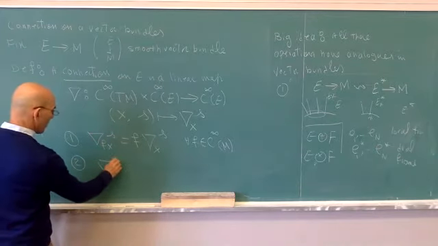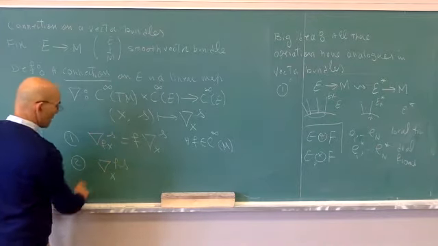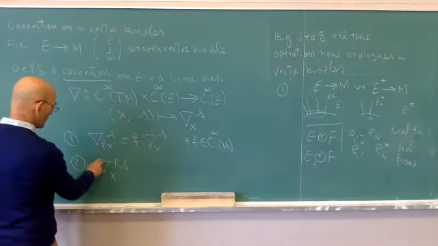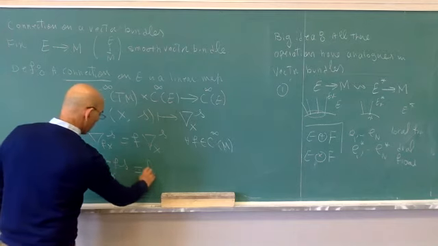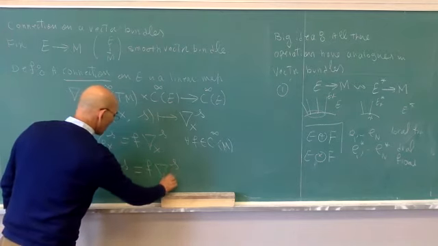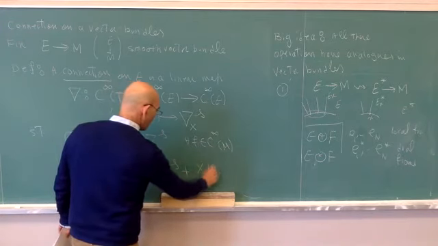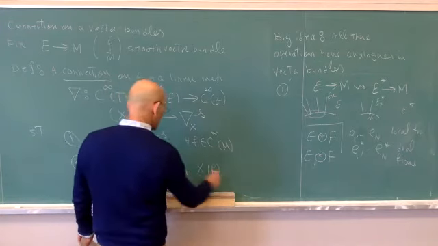If you multiply s by f and take the covariant derivative, or take the connection with respect to X, that's equal to f nabla_X s plus X of f times s.